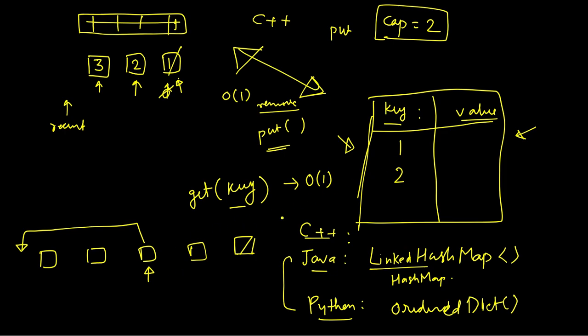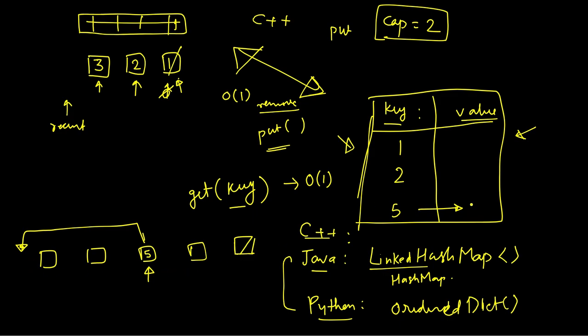So how will we pair them? We want to access a key, let's say it's 5. It's somewhere in the middle. So we look in the map and we get it and we can return it. Now our second task is to move it to the front because it was used very recently.